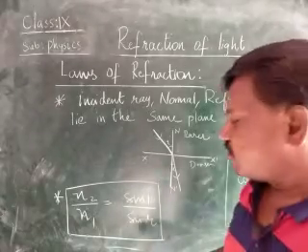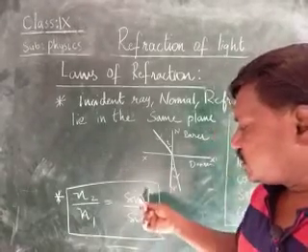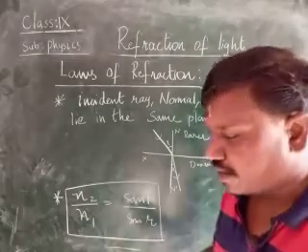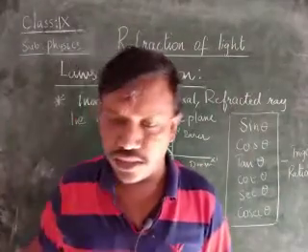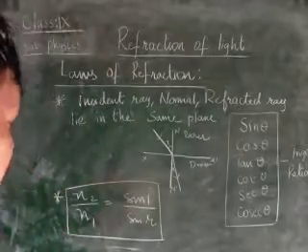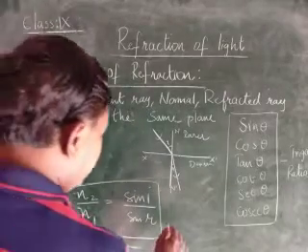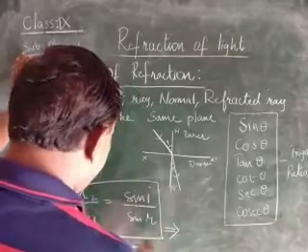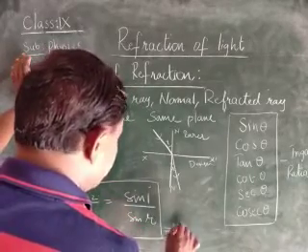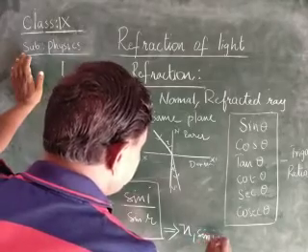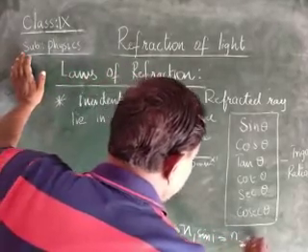Therefore, the ratio of the sine of the angle of incidence to the sine of the angle of refraction is equal to the ratio of the refractive index of the second medium to the refractive index of the first medium. Or we can write this by cross multiplication as n1 sin i is equal to n2 sin r.